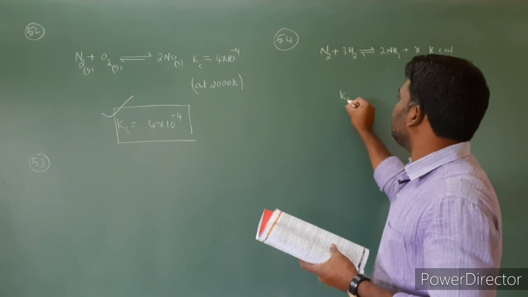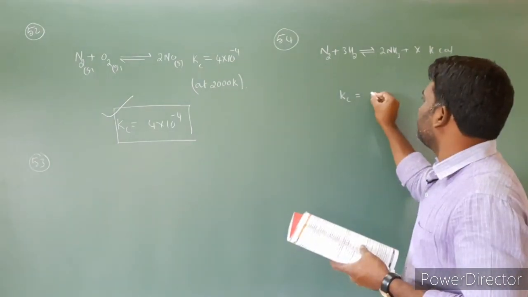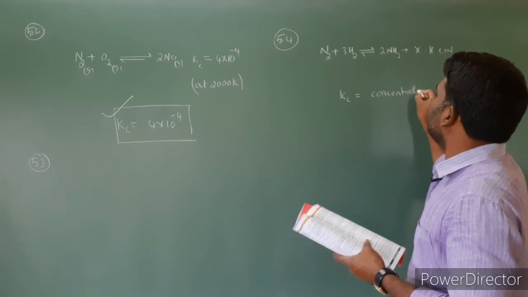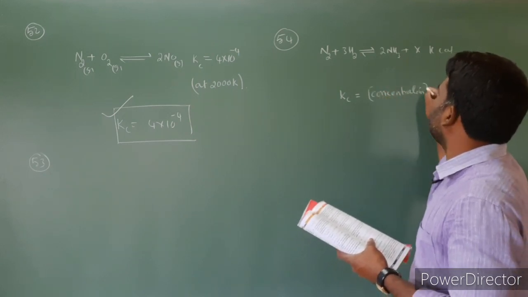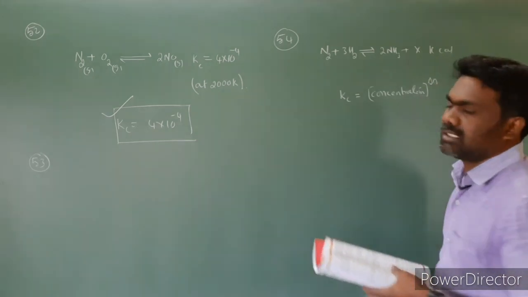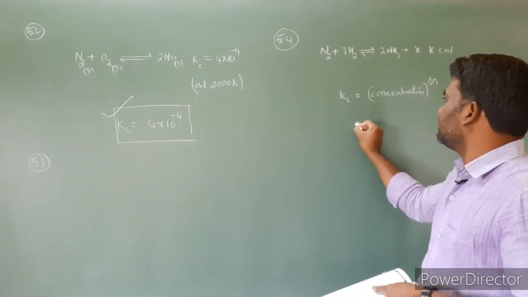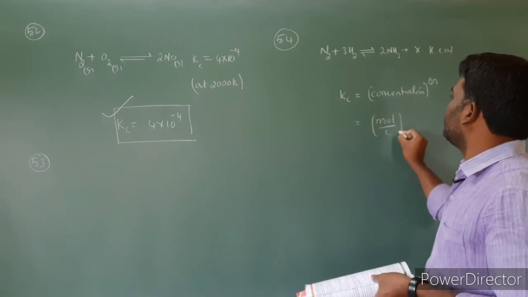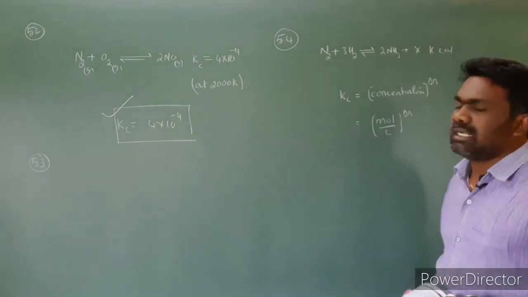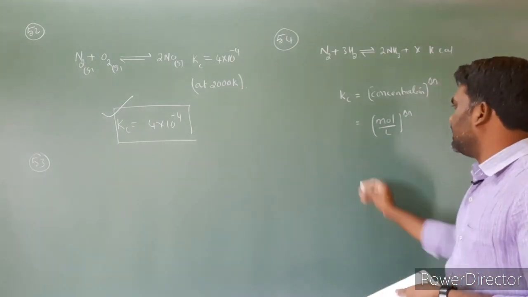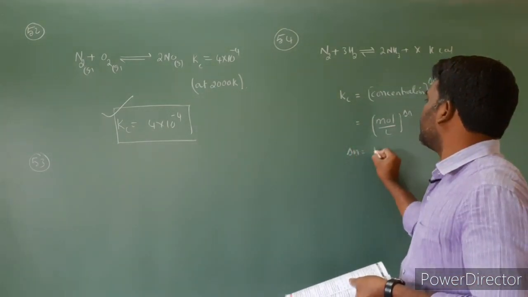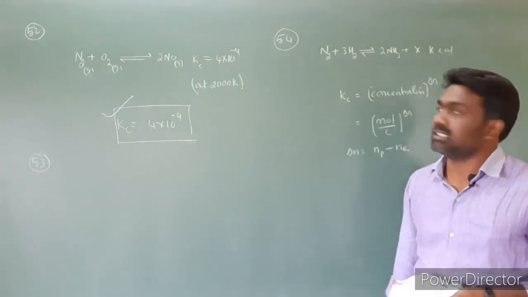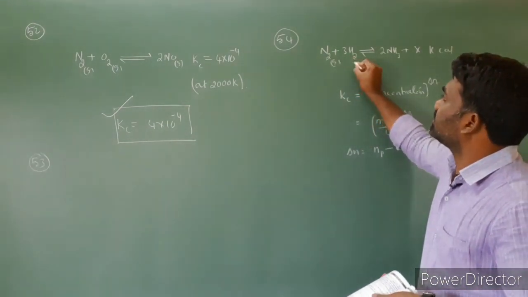So units: Kc is equal to concentration power delta N, the general formula. Here concentration is nothing but mole per liter. Delta N value we have to find out. Delta N is equal to number of moles of gaseous products minus number of moles of gaseous reactants. All these are gases.